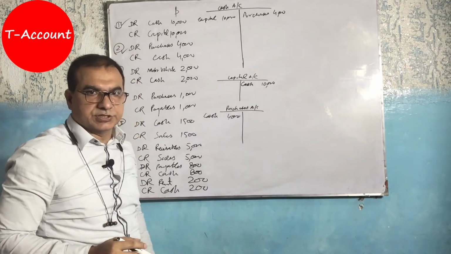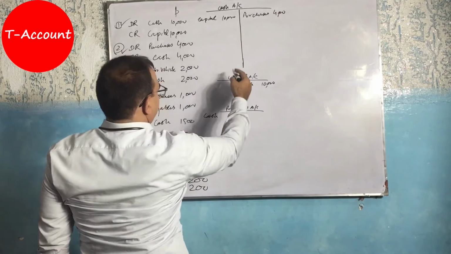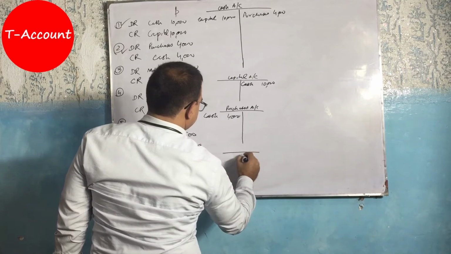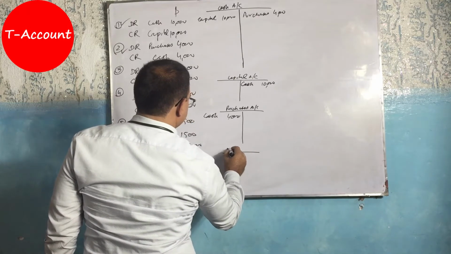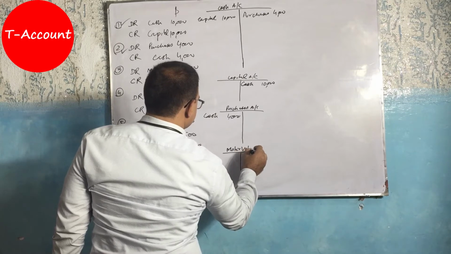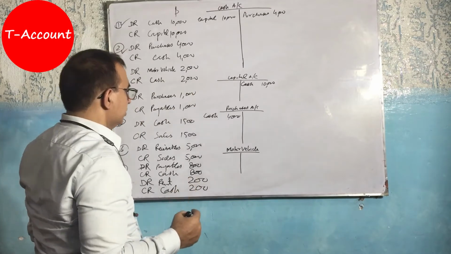We need another ledger. This ledger is a balance sheet item. Here we already have two financial position items. Motor vehicle. Remember, motor vehicle expense is a profit and loss item, but motor vehicle is a financial position item.